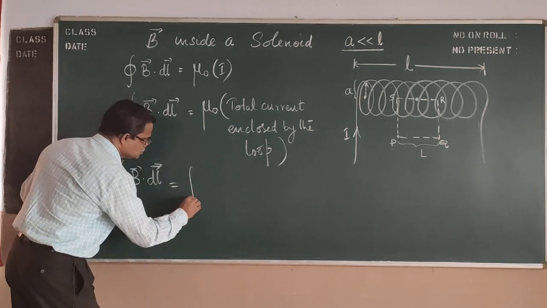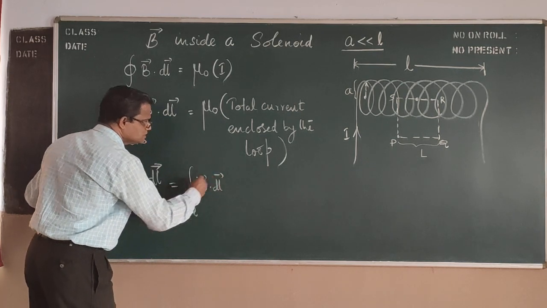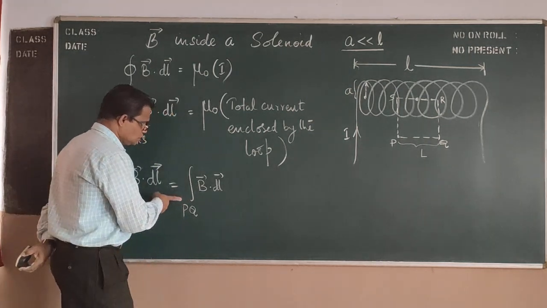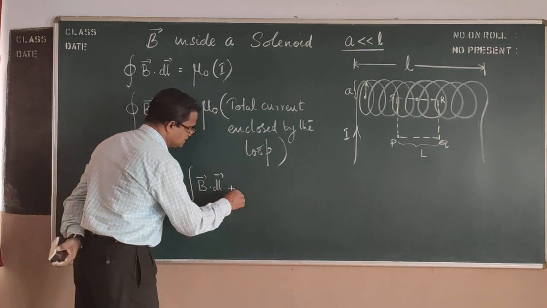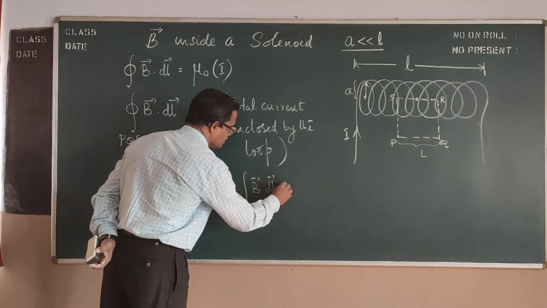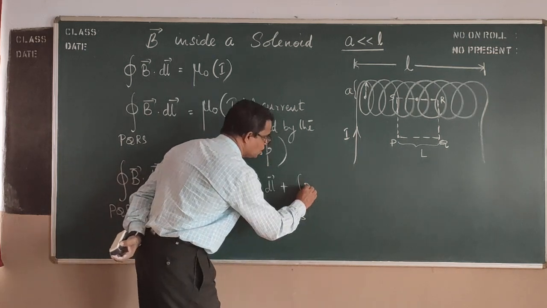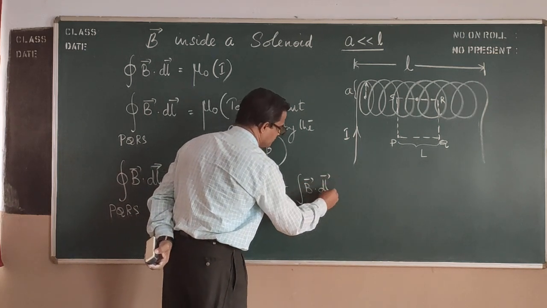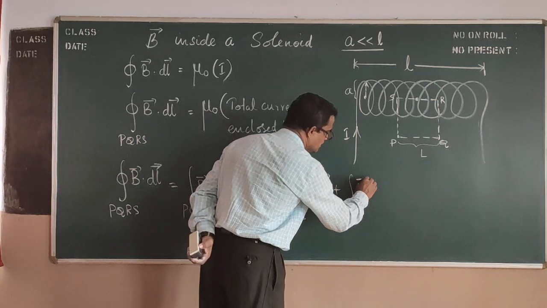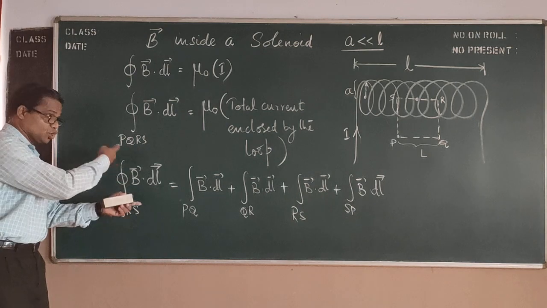Therefore, let us take it this way: integral PQ B dot dl plus integral QR B dot dl, plus integral RS B dot dl, plus integral SP B dot dl. This is the value of integral B dot dl over the closed loop.